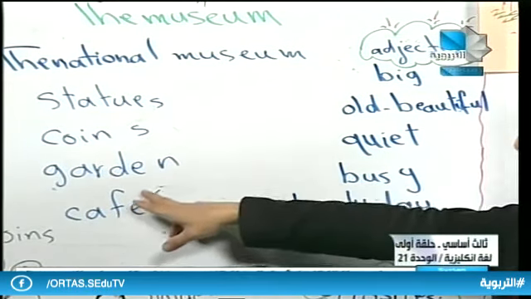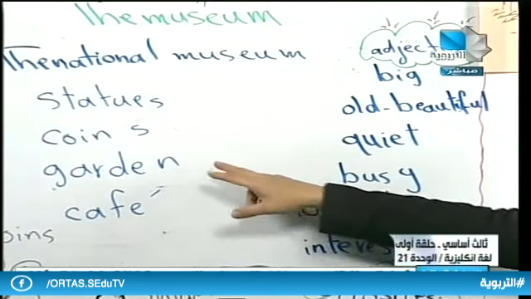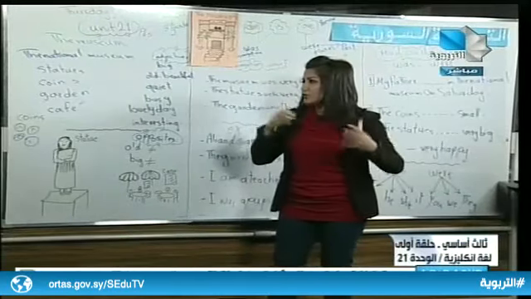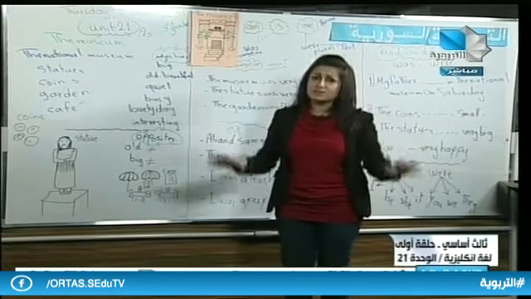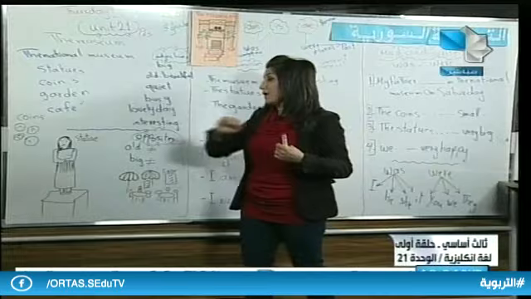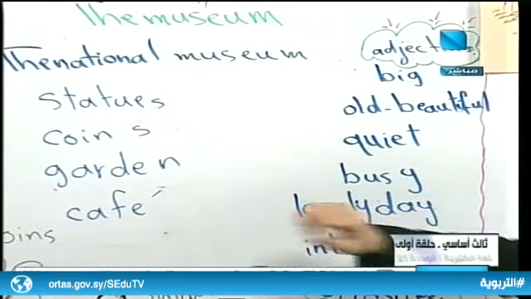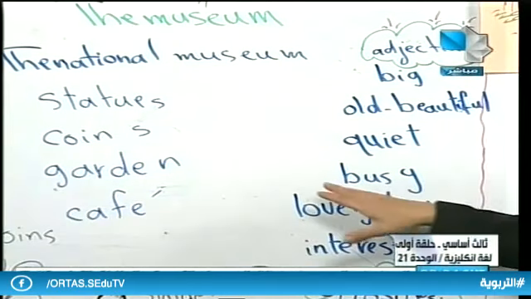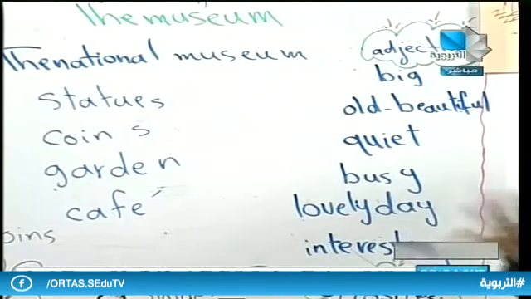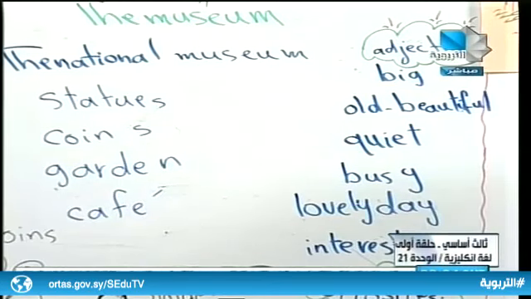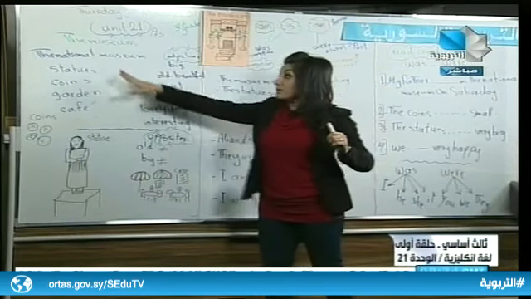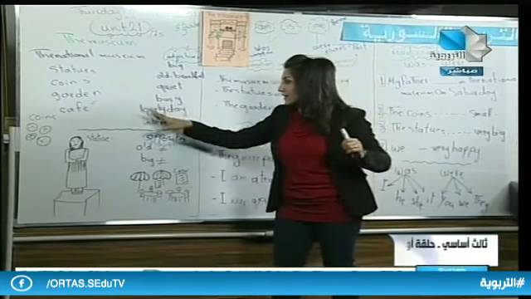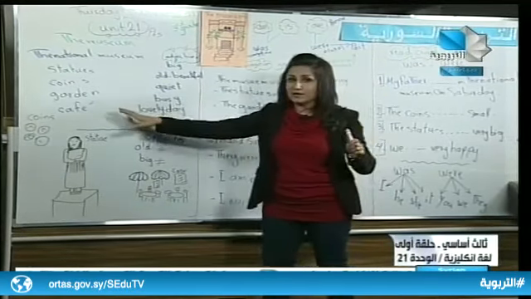Omar went to the garden, and it was quiet. Quiet, not noisy, and you can sit in the garden and relax. When you want to drink something, you can go to the cafe. The cafe wasn't busy. It was quiet also. The National Museum was interesting, and it was a lovely day.